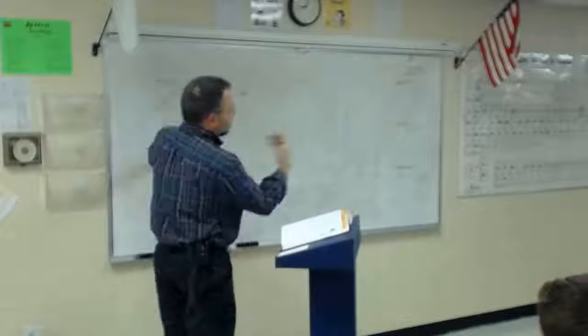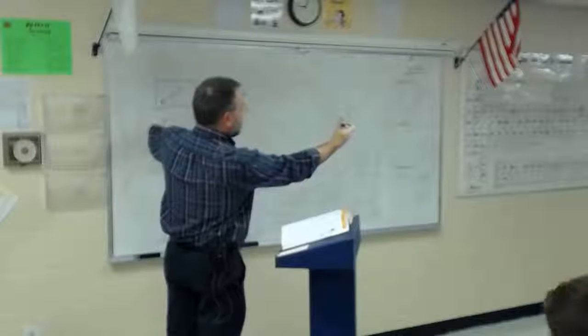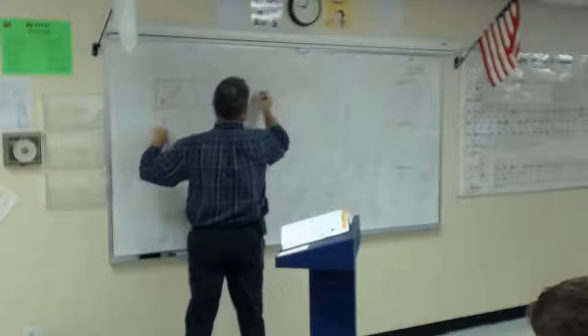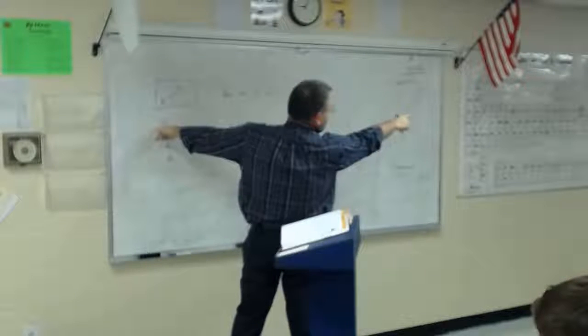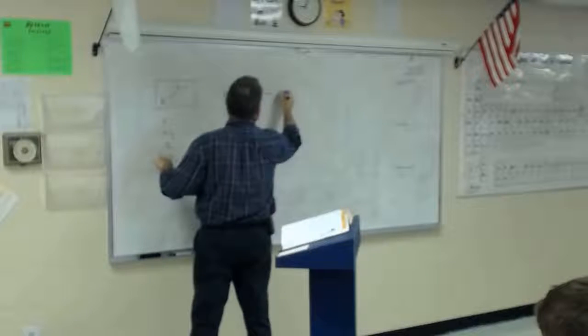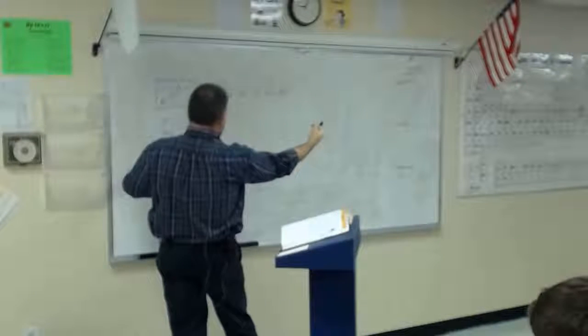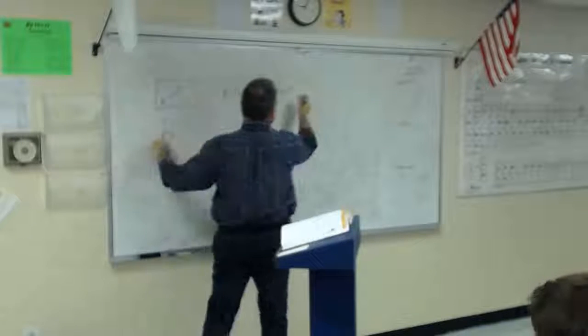Then as I move from right to left, the next one I bump into is going to be phosphorus, right? Do you see that? Continuing to the left, the next one I'm going to run into is aluminum. And continuing all the way over to column 2 is magnesium.